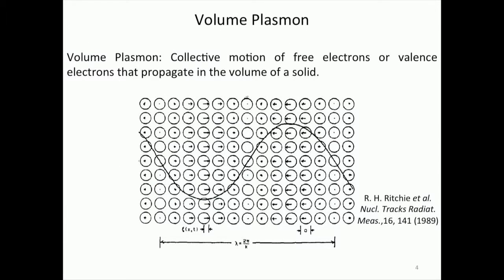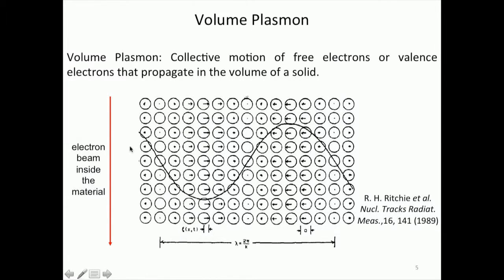Let's talk about volume plasmons. They are basically a collective motion of free electrons or valence electrons that propagate in the volume of a solid. Here I have a sketch from Ritchie, where he put schematics of the atoms. Each circle here represents an atom, and each arrow represents a displacement of electrons, specifically the displacement of electron clouds.